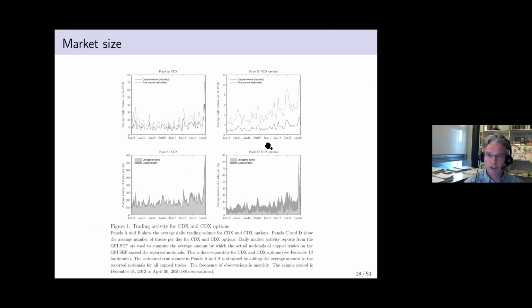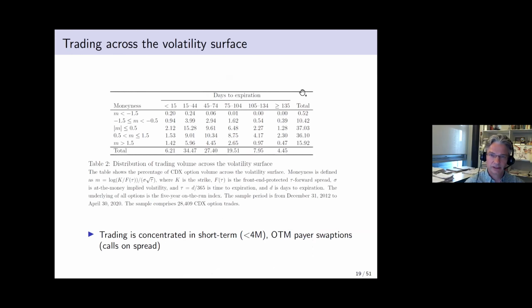You can see the difference between the volume based on the capped information and the actual volume that we infer based on the data points where we do observe the actual non-capped trades. And you can see a very positive trend. Interestingly, the data runs all the way through the COVID-19 crisis. You can see that the COVID-19 crisis saw a lot of activity in this market. And I'm going to show you some interesting pictures on how the volatility behaved around that time.